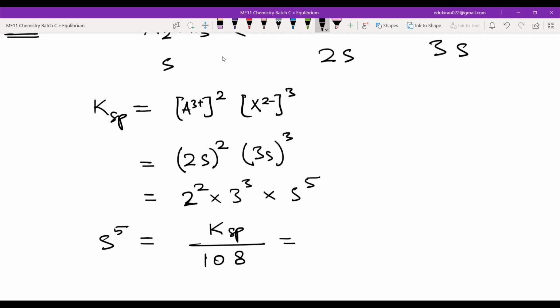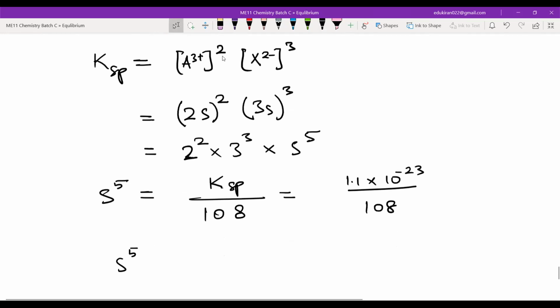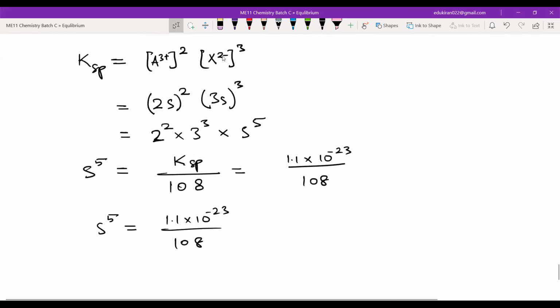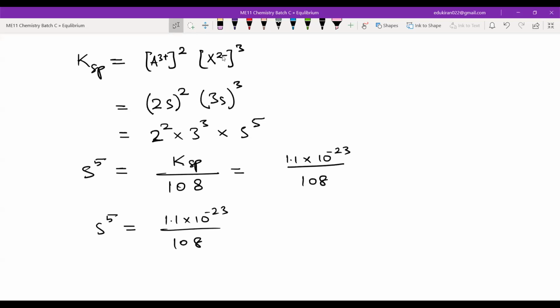So we have been given the Ksp, 1.1 into 10 to the power minus 23, divided by 108. This will be s to the power 5. Write this down, calculate this and tell me what is the value of s to the power 5. Then we will understand how to solve this type of situation, because this is going to be in your syllabus.